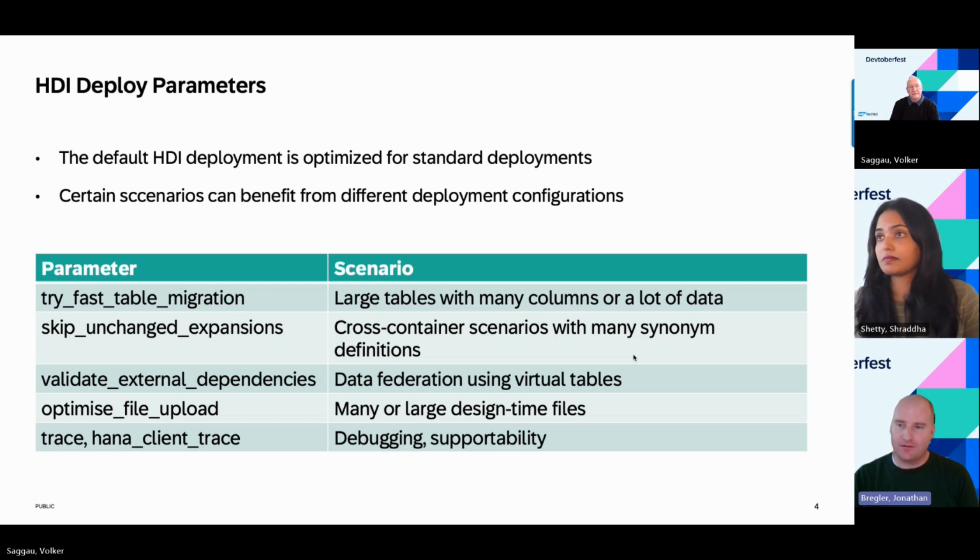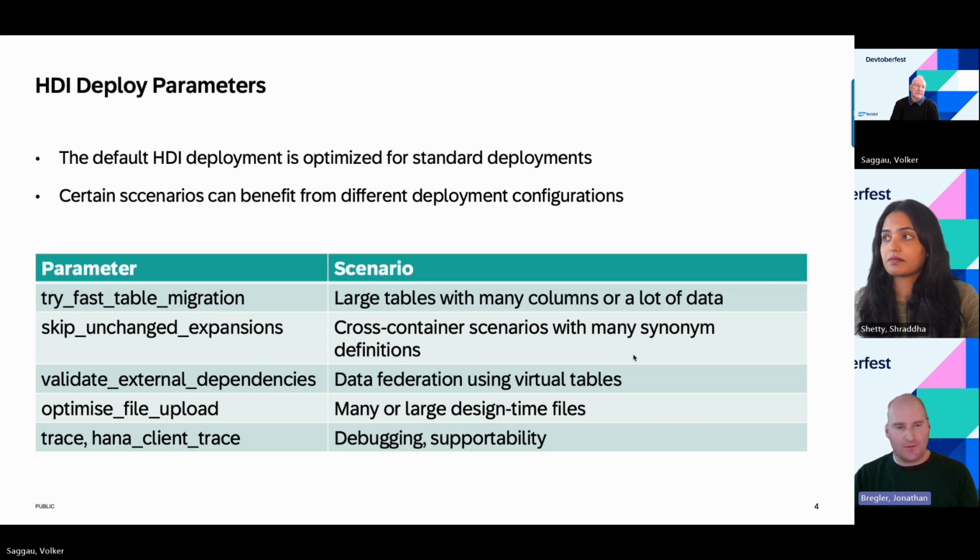And I'll get into the details of what this does, but safe to say the scenario that benefits most is if you have large tables with many columns or tables that contain a lot of data. And here you can see significant speedups.